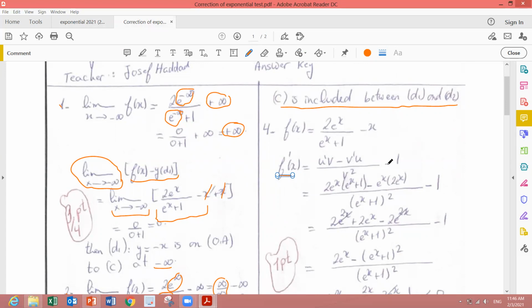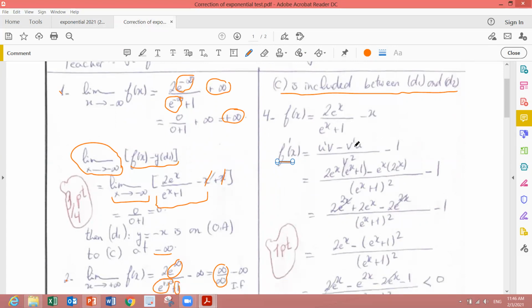The derivative of minus x is minus 1. u prime, the derivative of 2e^x, is 2e^x, times v, e^x plus 1, minus v prime, the derivative of e^x plus 1, which is e^x, times u, 2e^x, over v squared, e^x plus 1 squared, minus 1.